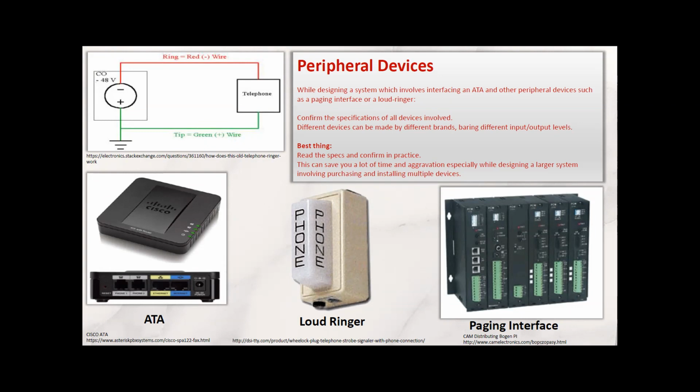So a direct POTS line has to be provided to the elevator. Even if the power goes down in the whole building, if there's a physical connection, which there is, then a phone call can be made from the elevator. Same as 911 phones. So an elevator phone is basically just like a 911 phone, right?